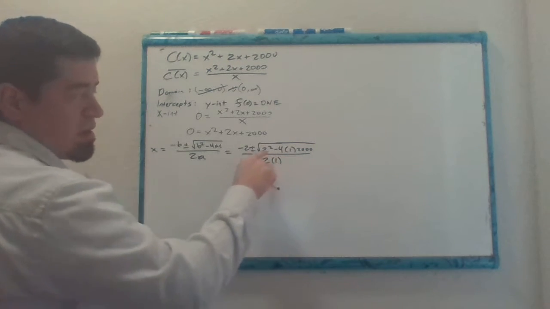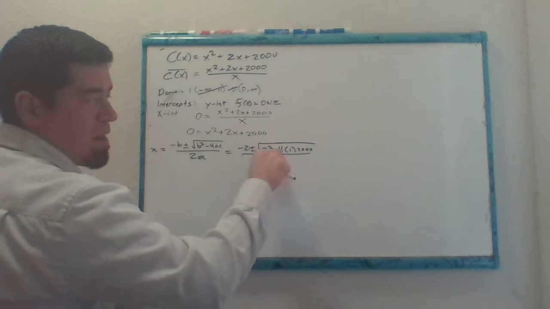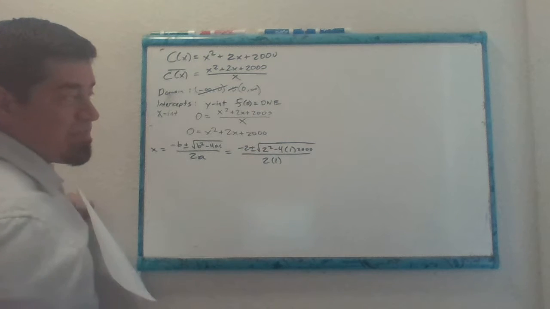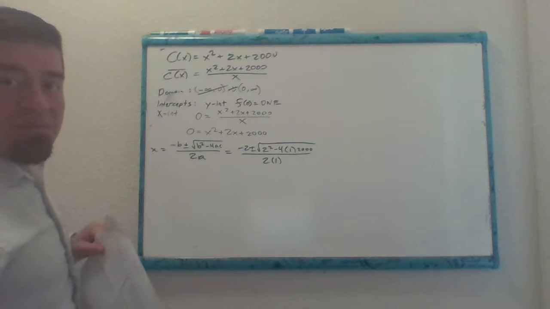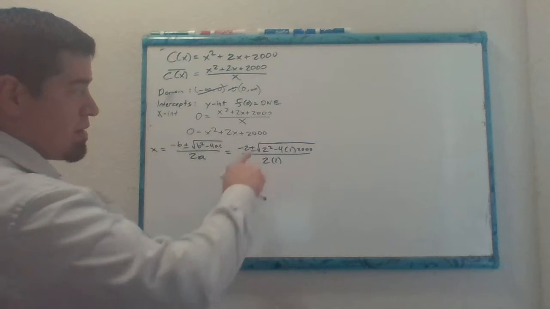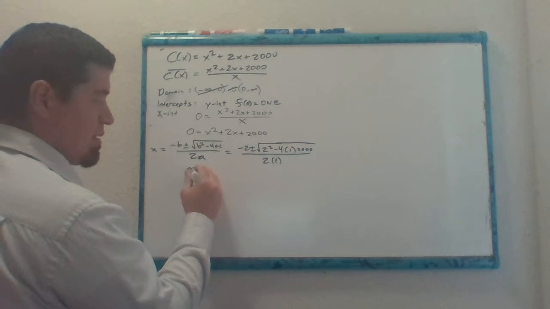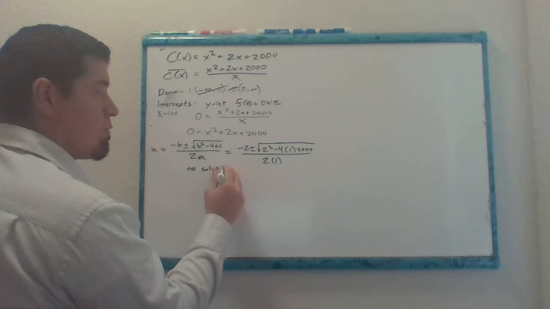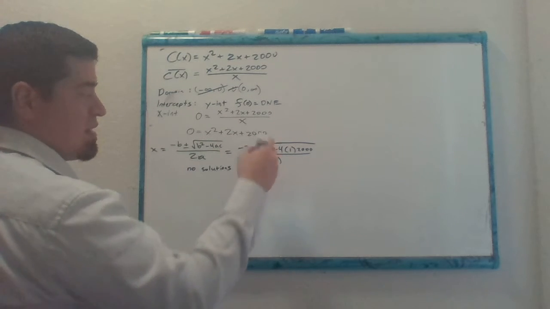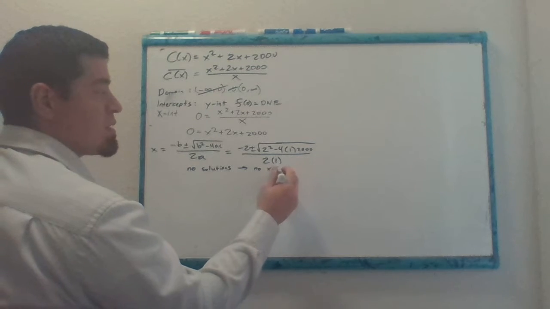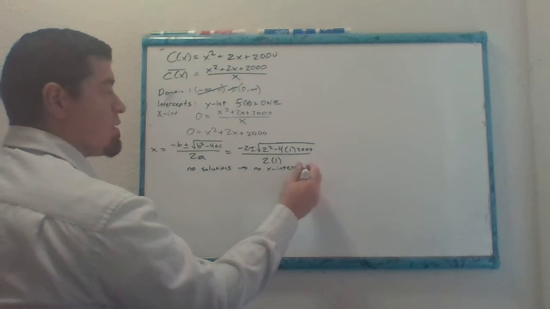Here, this is going to be 4 minus 8,000, which is going to be a negative number. Square root of a negative number is imaginary, therefore that tells me there are no solutions to this. So if there are no solutions, then there are no x-intercepts, because that's what we're trying to find in the first place.